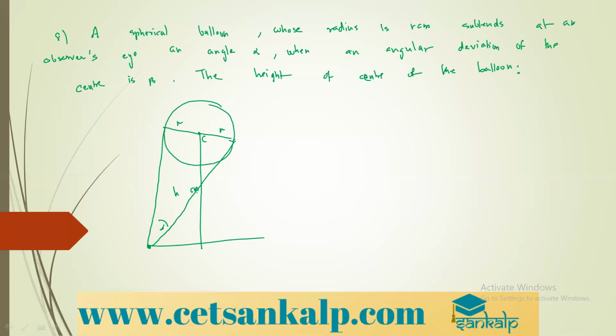When the angular deviation of the center is beta, suppose angular deviation, that means this. So when an angular deviation of the center is beta, the height h we have to find. That is all given in the question. Now we can take CA equal to R, CB equal to R.